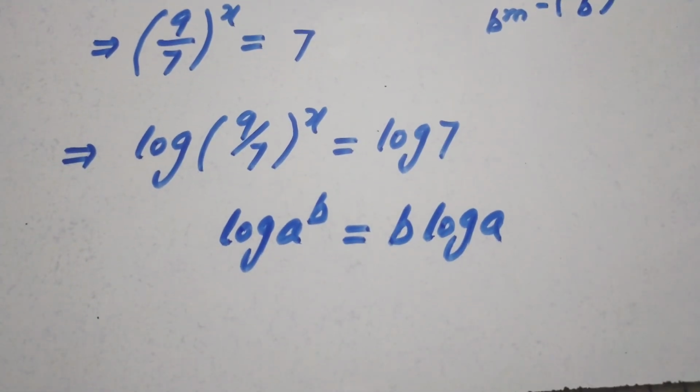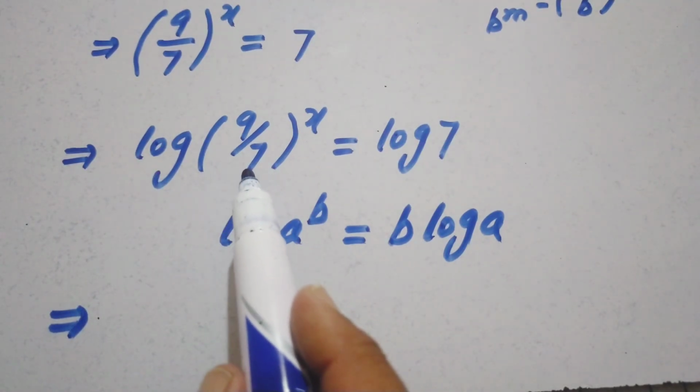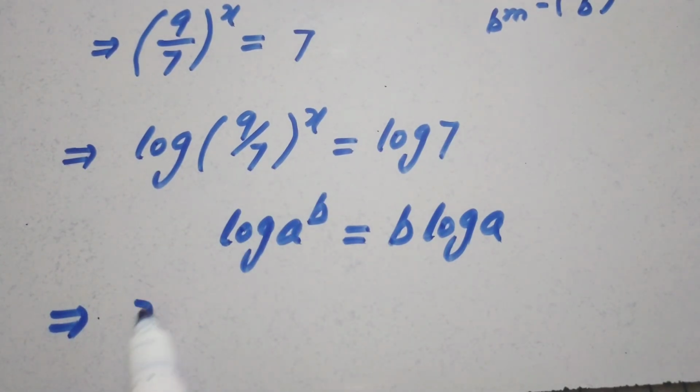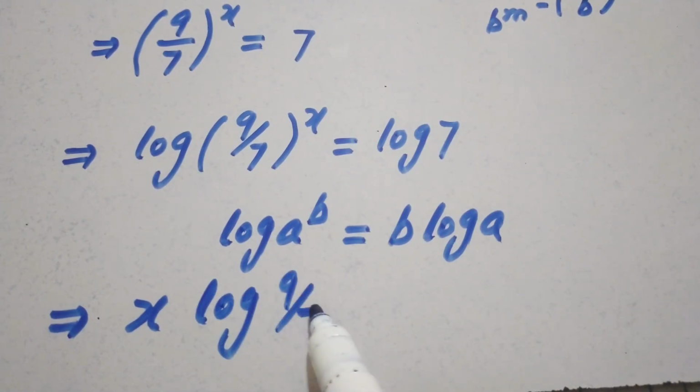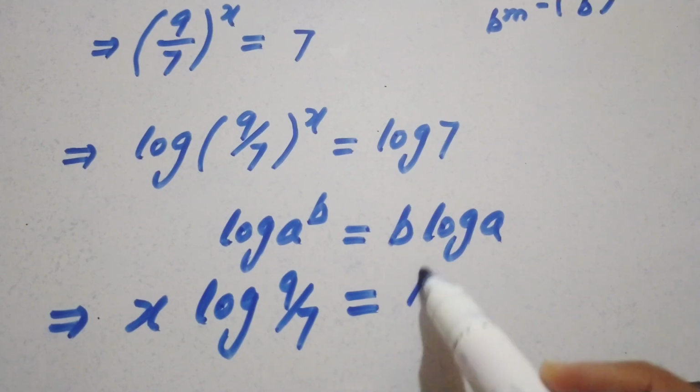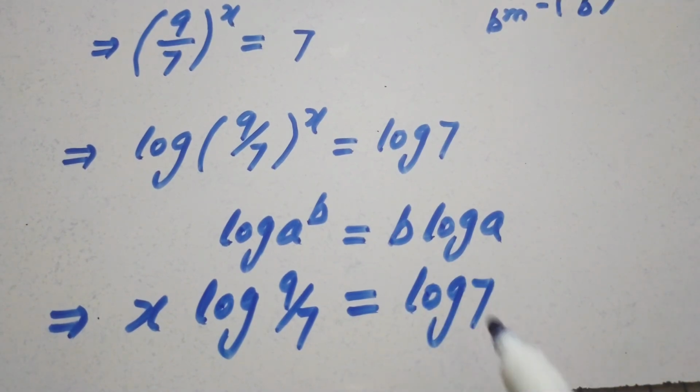Using this property at the left hand side, this will become x log of 9 by 7 is equal to log of 7.